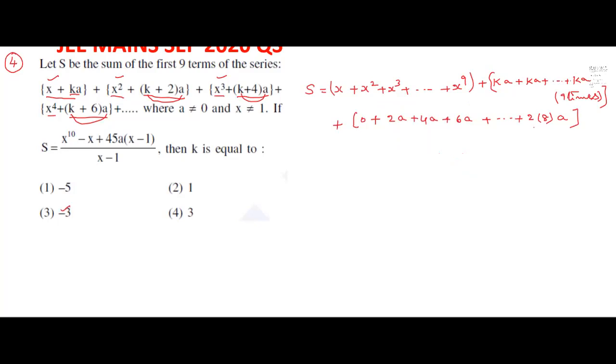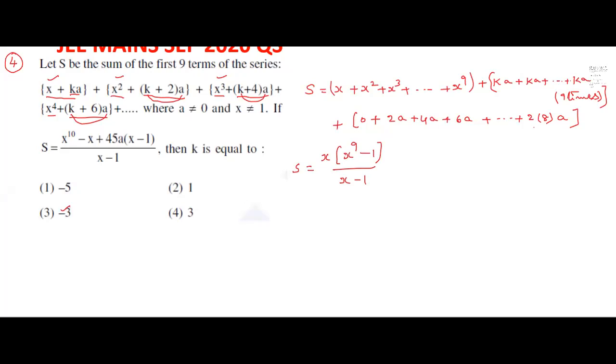Now, first series, observe: x plus x square plus x cube and so on, up to x power 9. This is a GP series. The sum of 9 terms in a GP series is given by the formula a into r power n minus 1 by r minus 1. Here a is x, and r is also x.